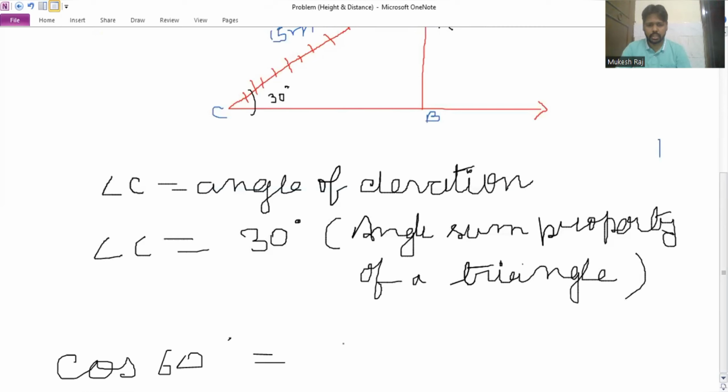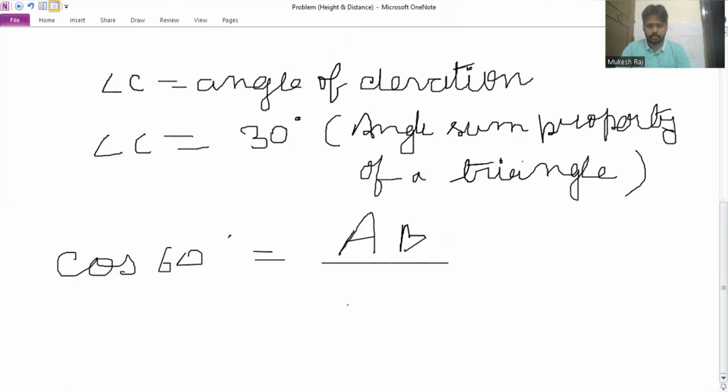So I will be using directly AB upon AC. Cos 60 is none other than half. So we can write cos 60 as half is equal to AB, which is the height that I need to calculate, upon AC, which is 15.